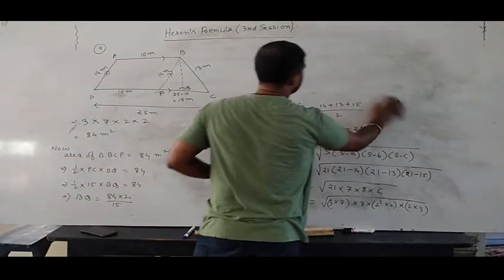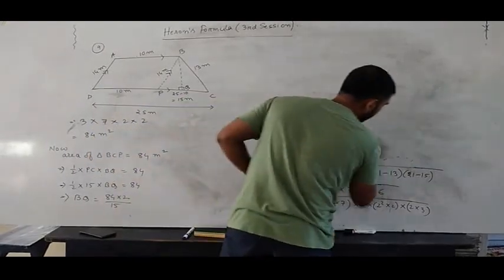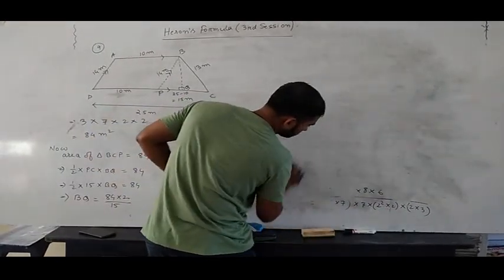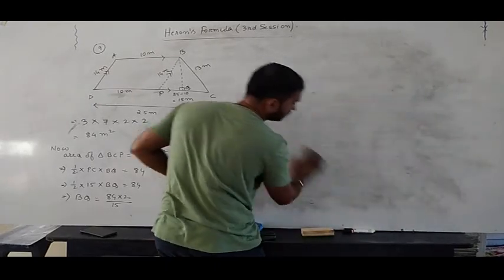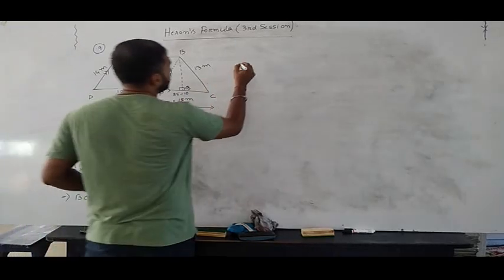Now, area of the trapezium equal to, that is the main thing. Within all these things, we just found the value of the height of the trapezium as well as the triangle.